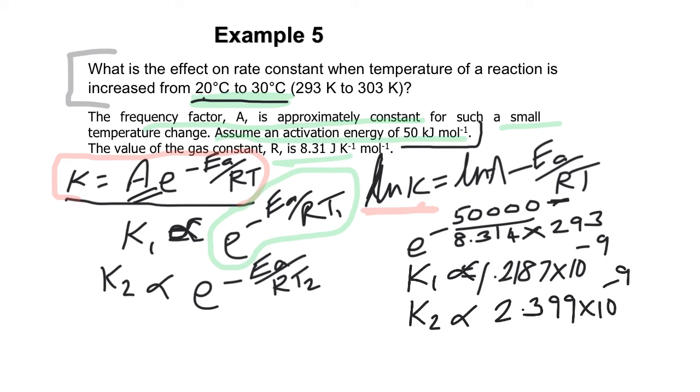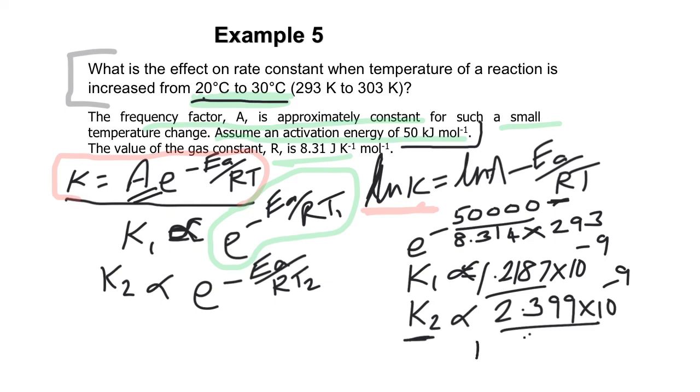You can see that K has now doubled in value, roughly. You can even divide this value by that to see how many times it's increased. I get roughly 1.97 times. It's increased 1.97 times.